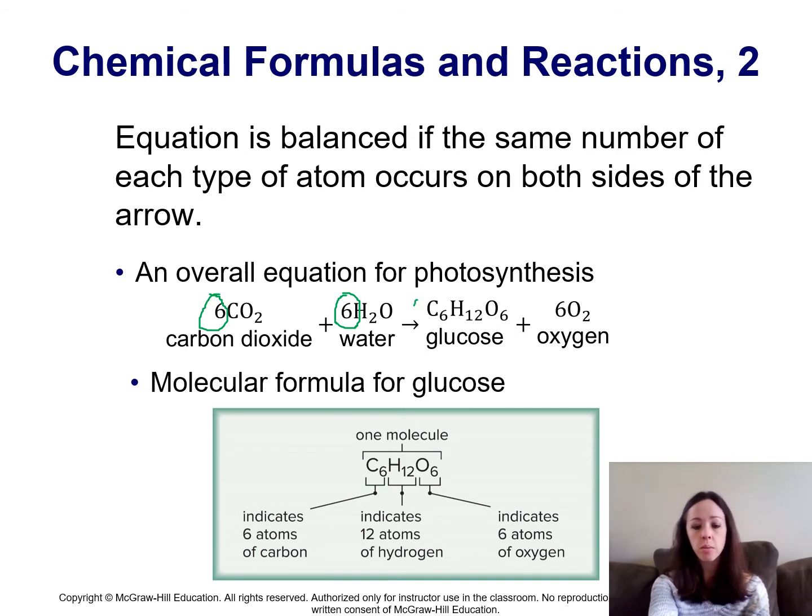If there is no number in front of our molecule, it just indicates that there's one molecule in that chemical reaction. So we have one molecule of glucose that is going to be produced from our 6 carbon dioxide molecules and 6 water molecules. And then we're also going to have 6 oxygen molecules that are going to be created from this chemical reaction here.